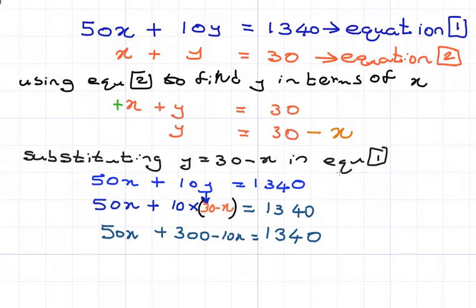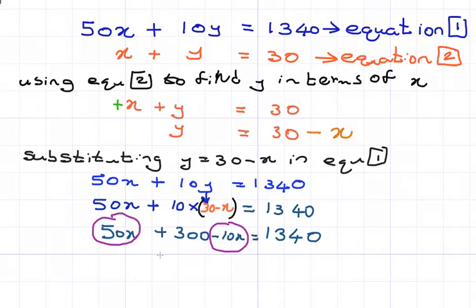All right, now what can we do? We can simplify the left-hand side of the equation. How is that possible? I see like terms. What are those? 50x minus 10x. So they'll interact. So 50x minus 10x, what's the result? 50x minus 10x is 40x.